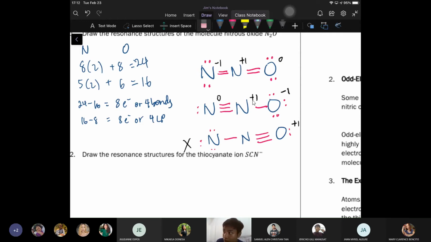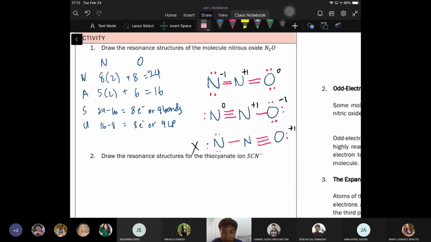So you can see the electrons are just moving, no? Gumagalaw lang siya sa ating atom. Pwedeng andito siya in between nitrogen oxygen, so may double bond doon. Pwede naman andito siya between nitrogen and nitrogen. So you have the triple bond there. Okay? So ganun yung ating way to determine the resonance structures.